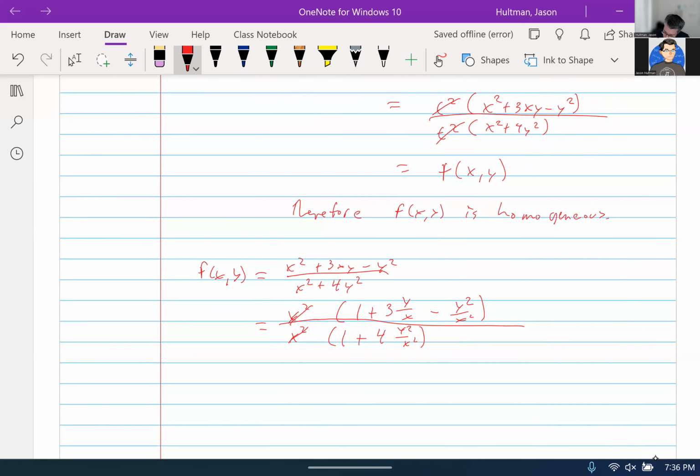Let's cancel that x squared out. This is going to be equal to 1 plus 3 times y over x minus (y over x) squared, all over 1 plus 4 times (y over x) squared.